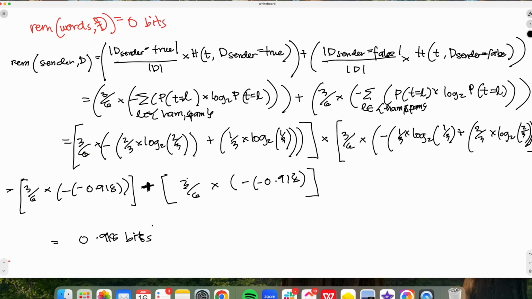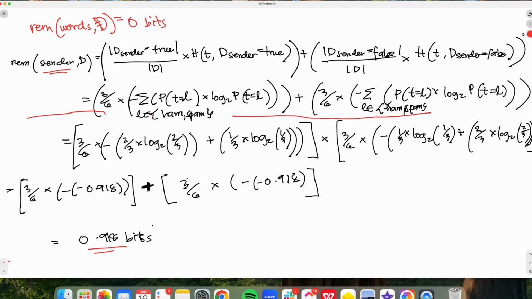So this is for the words. Sorry, sender. So we have 0 bits for the words, and for the sender we have this answer right here, 0.918 bits. It's the same for the words up till this line here, for the second line, because they also have 3 over 6 and 3 over 6 for true and false.